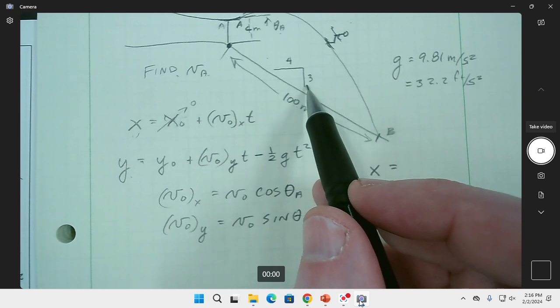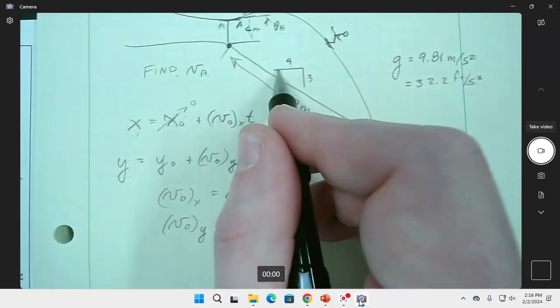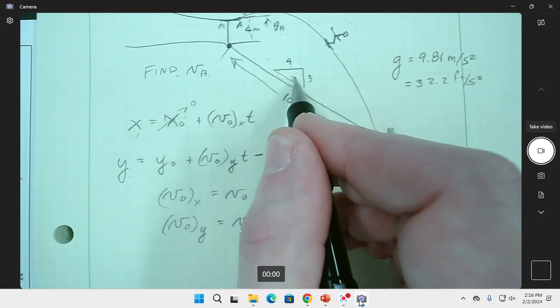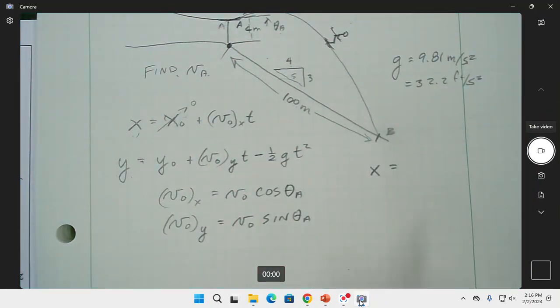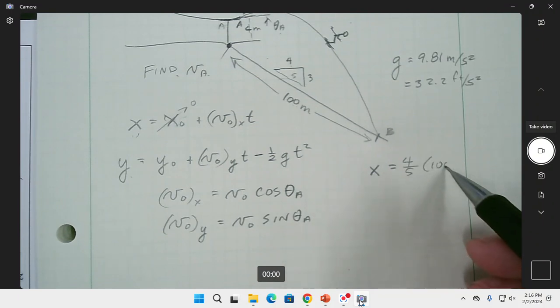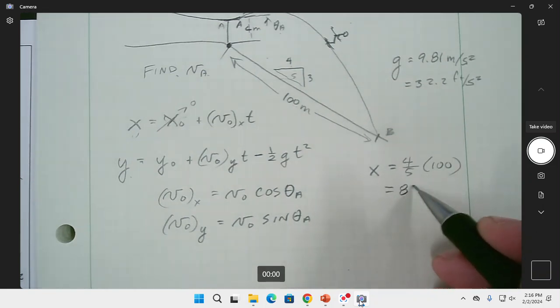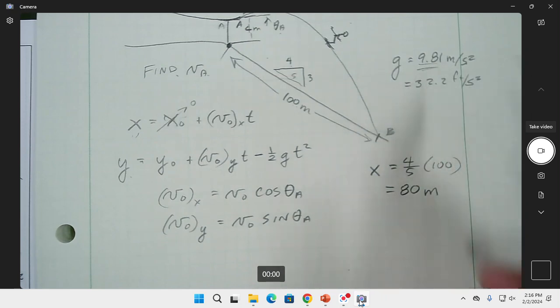Is that right? No, it's 4/5. Because this length is 5, that's a 3, 4, 5 triangle, and this ends up being 4/5 times 100. Should be 80 meters. Got to remember to use meters for that.